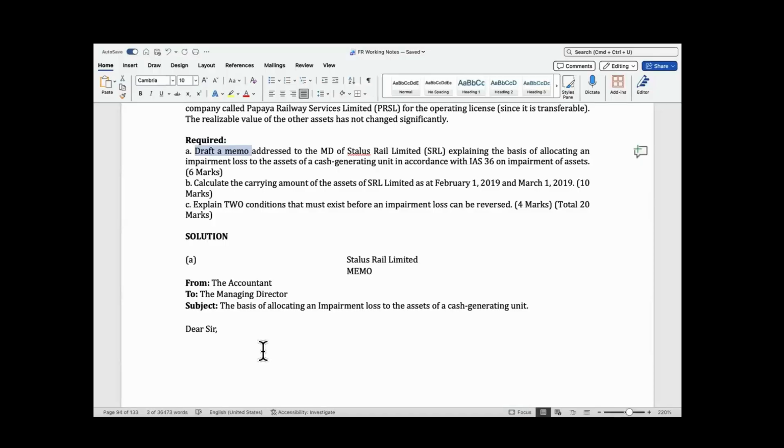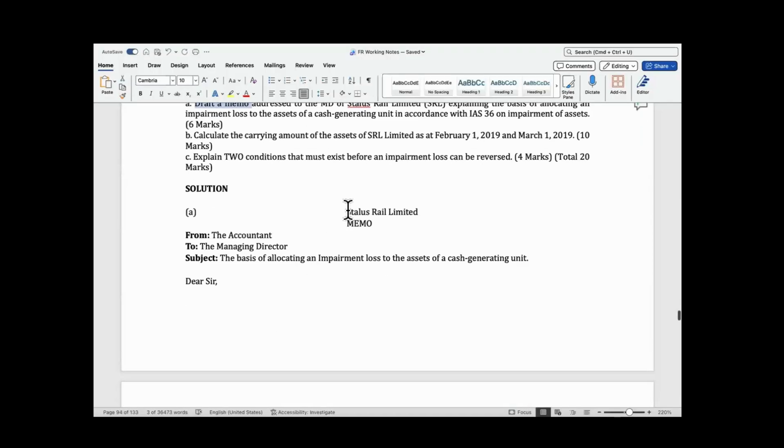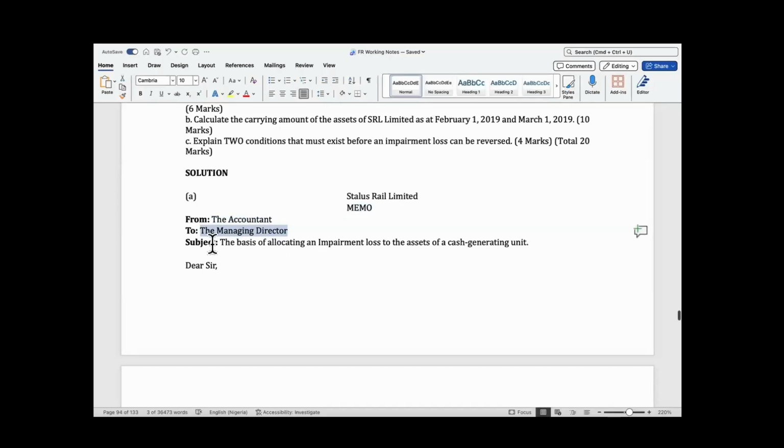Since I was asked to write a memo, the name of the company is not necessary. You don't have to write "memo", but if you wish, fine. From the accountant to the MD, then the subject: the basis of allocating an impairment loss to the assets of a CGU. Dear sir.